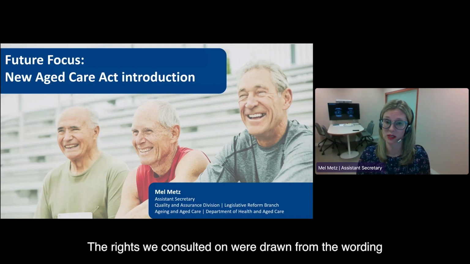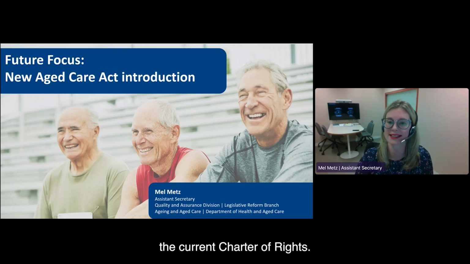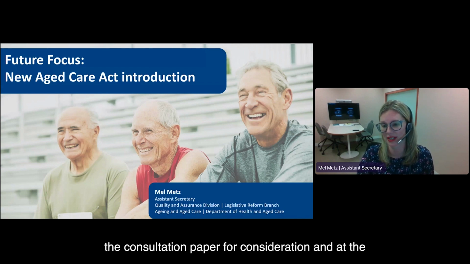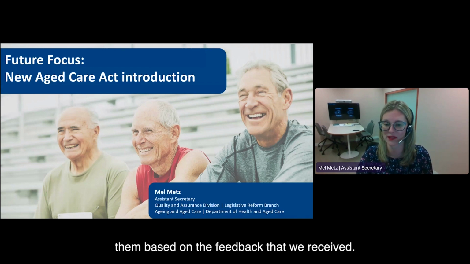The rights we consulted on were drawn from the wording that was suggested by the Royal Commission, as well as the current Charter of Rights. There were 16 proposed rights which we included in the consultation paper for consideration. At the moment, we're going through the process of modifying them based on the feedback that we received.